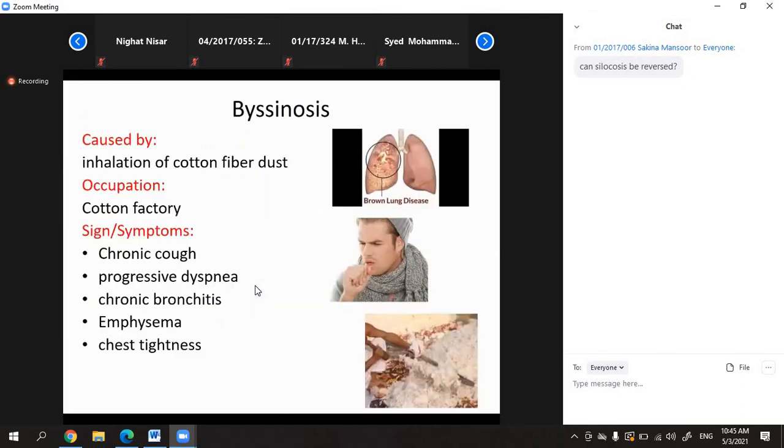Byssinosis is again caused by inhalation of cotton fiber dust, in cotton factories or some other factories where cotton dust is the end product or exposure. Signs and symptoms include chronic cough, progressive dyspnea, chronic bronchitis, emphysema, and chest tightness.